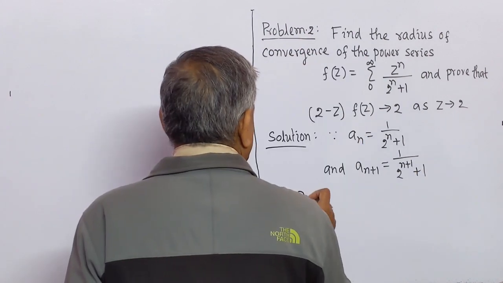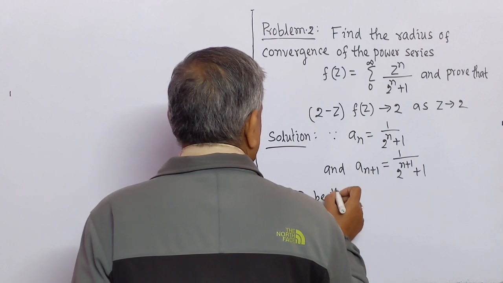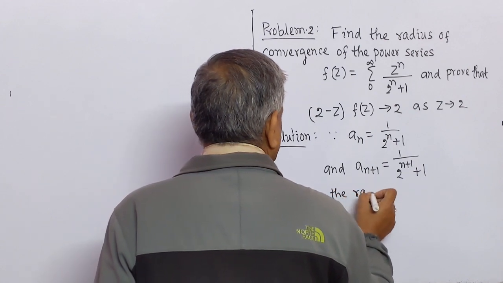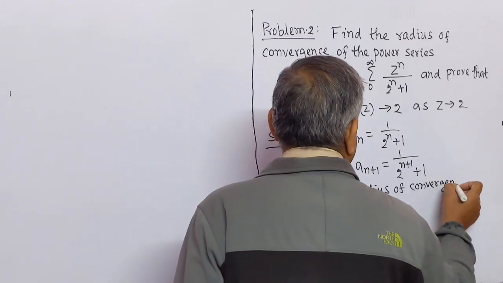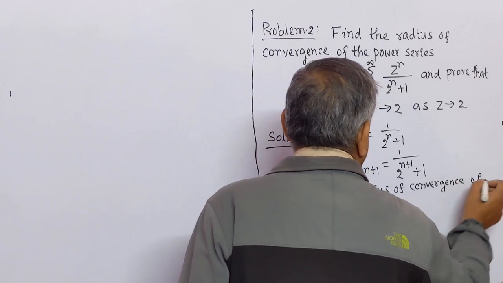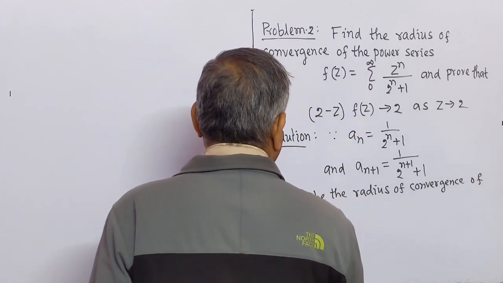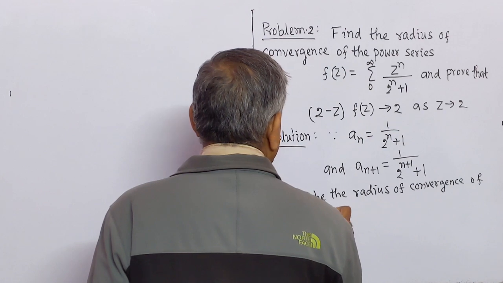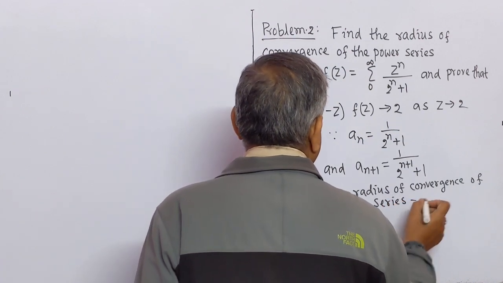Let R be the radius of convergence of the given power series.